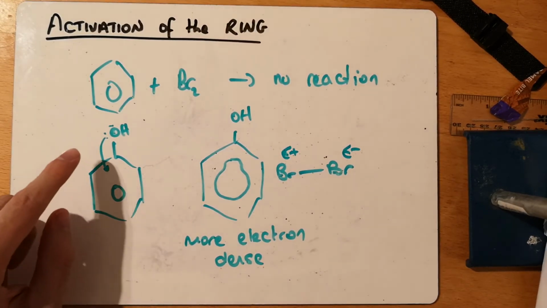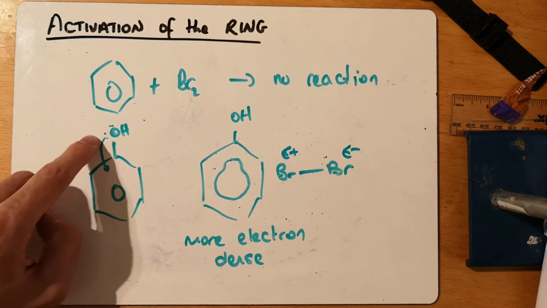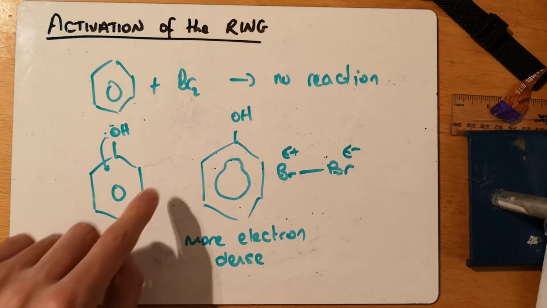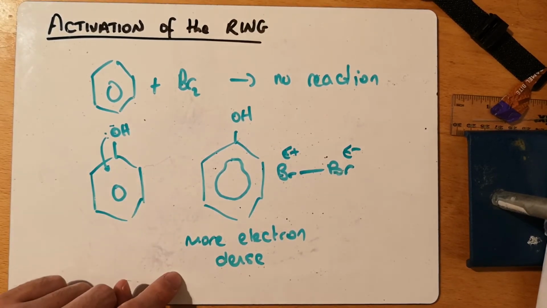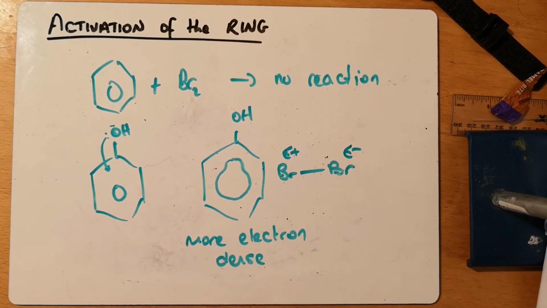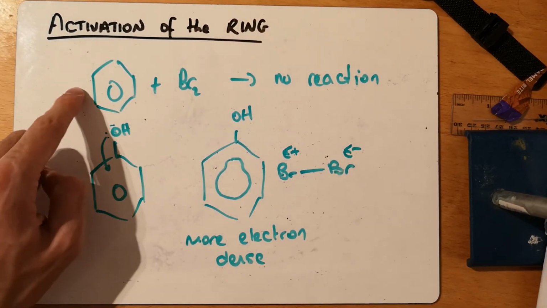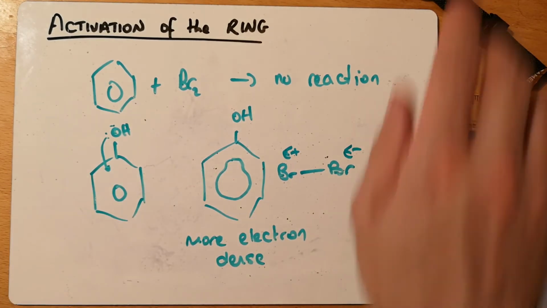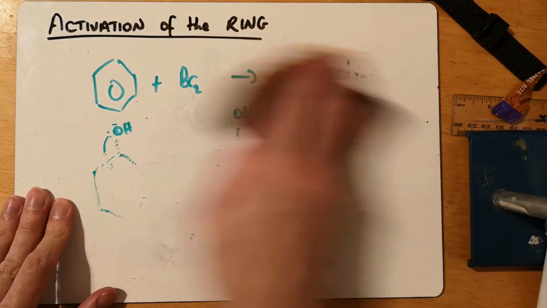So phenol, because the lone pair on the oxygen has been donated into the delocalized ring, makes it more electron dense, so then it can create a dipole in our bromine when it comes close. And benzene couldn't create this dipole. And that is a quick video on phenol.